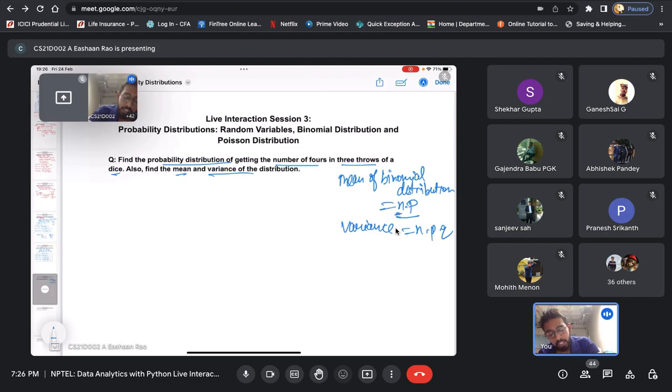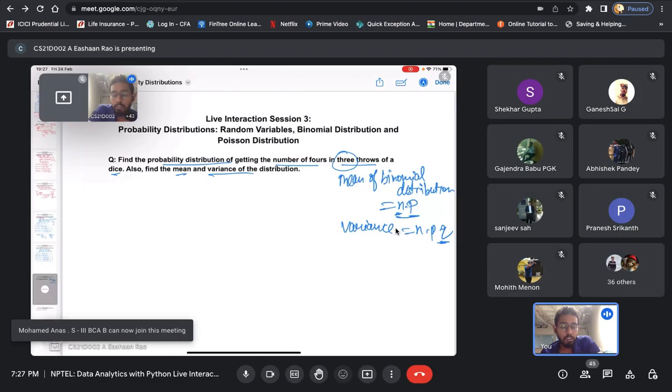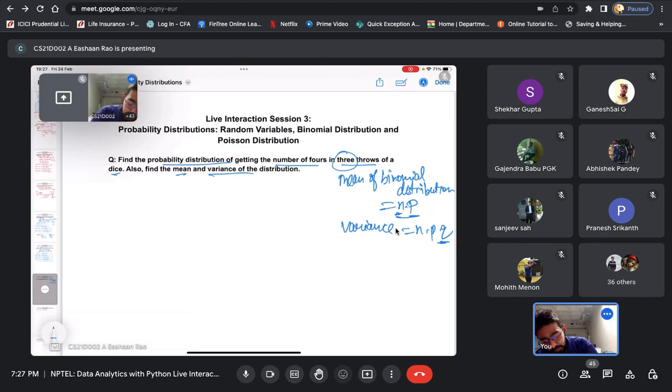So n will be in this case the 3 throws that we are having. p will be the probability of success of getting a number 4 in the dice, and q will be the probability of not getting a 4 while throwing the dice. So first find out the probability distribution here.